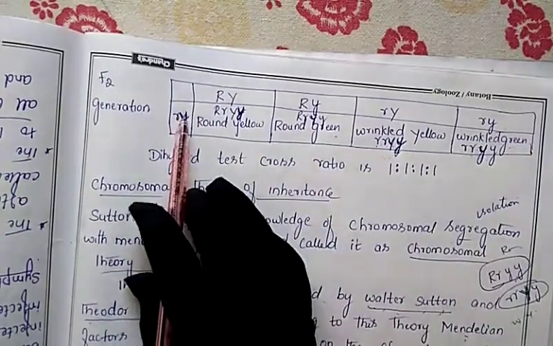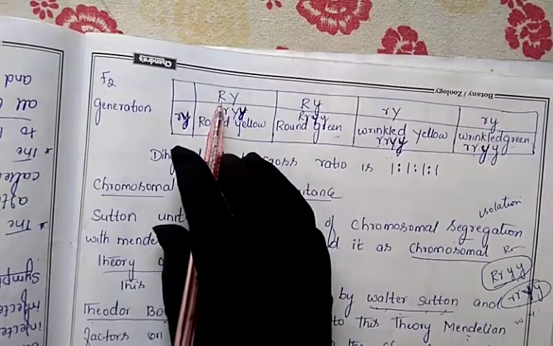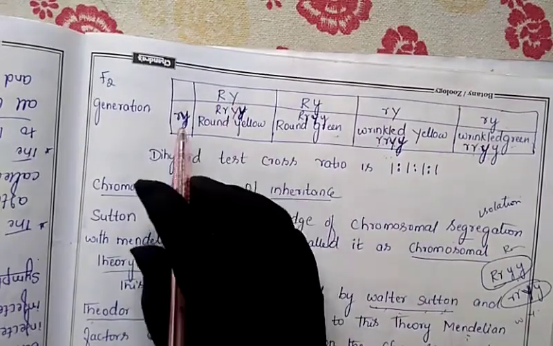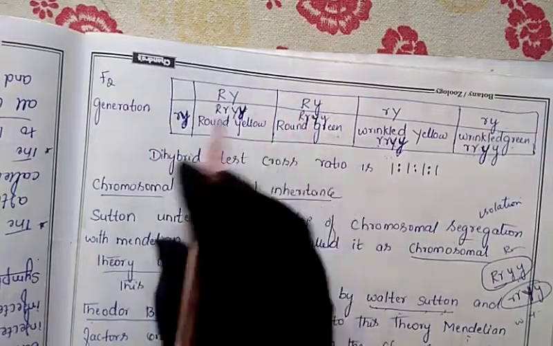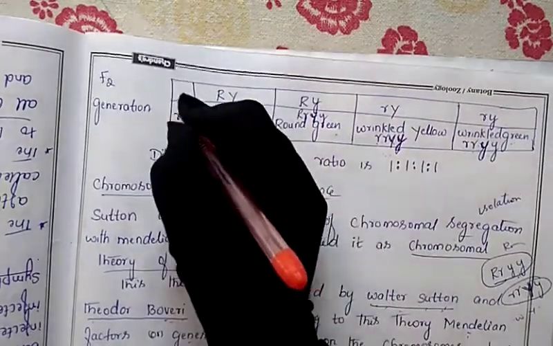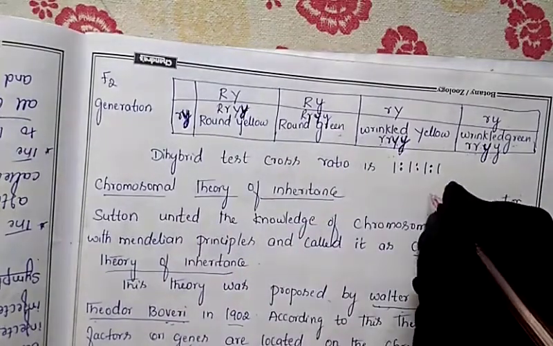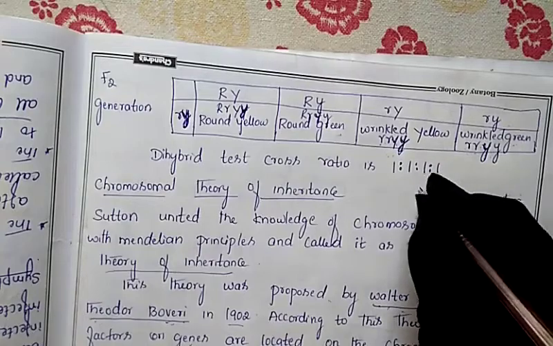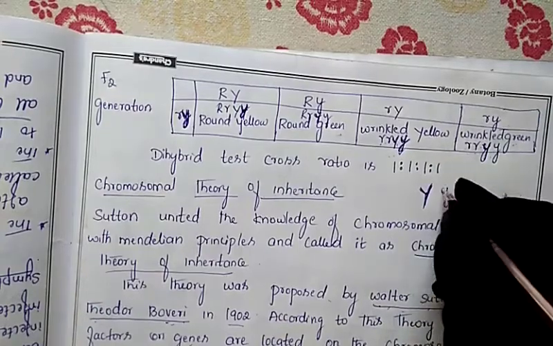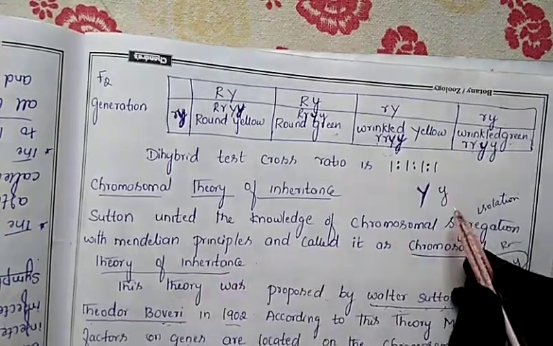Now we will do the crossing. So capital R, small r, capital Y, small y. Next, capital R, small r, small y, small y. While writing small y and capital Y, keep in mind to write the difference: write the capital Y like this and the small y like this, because there should be a difference.